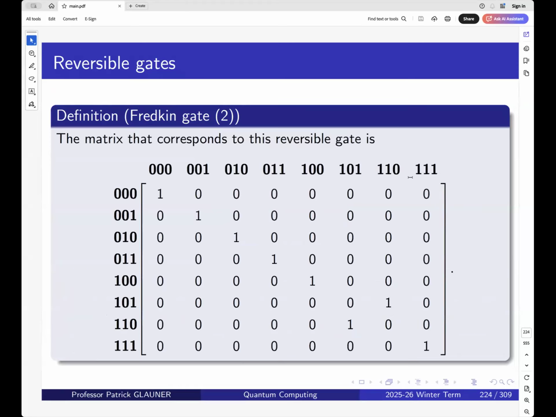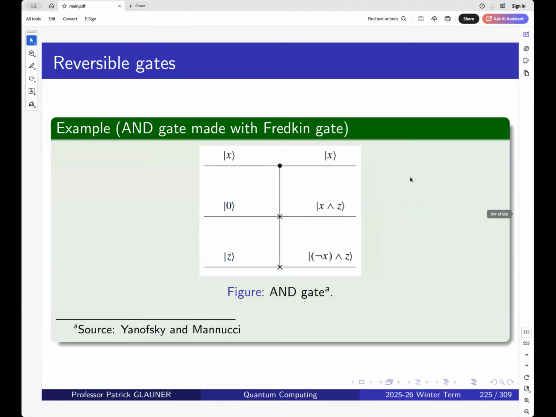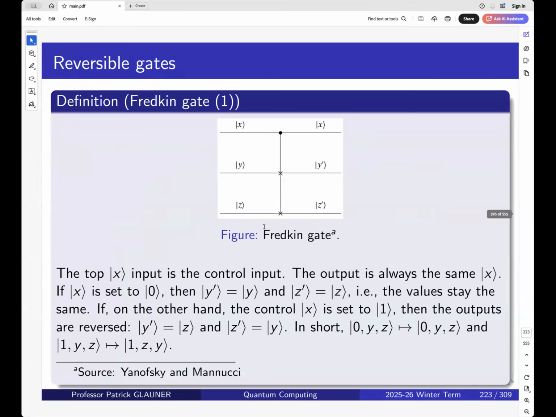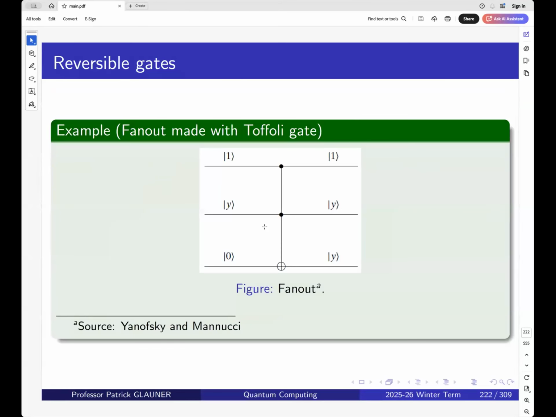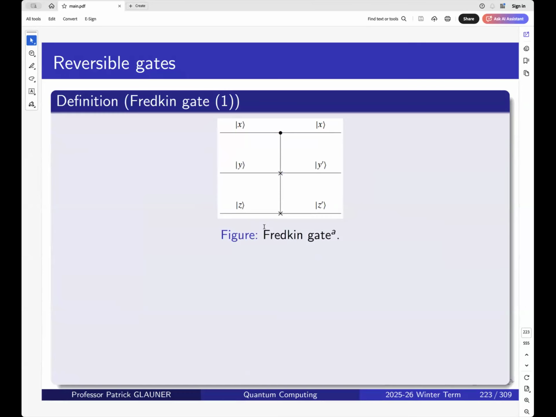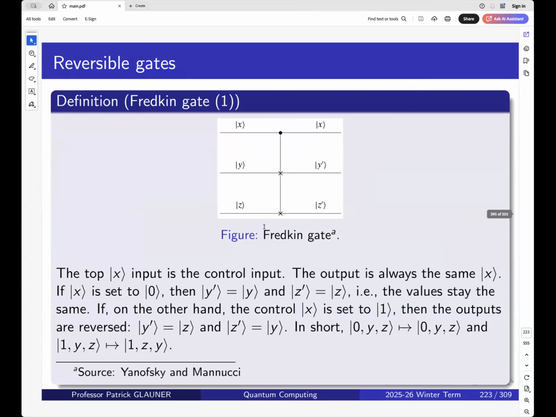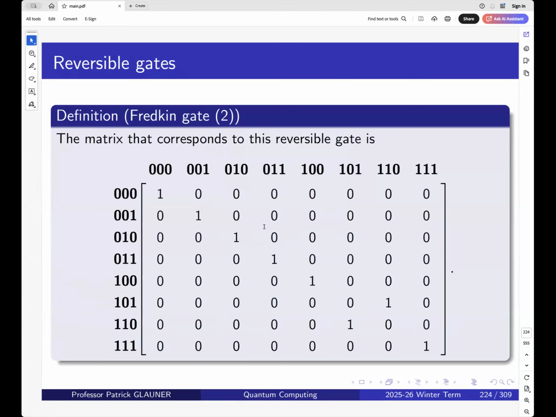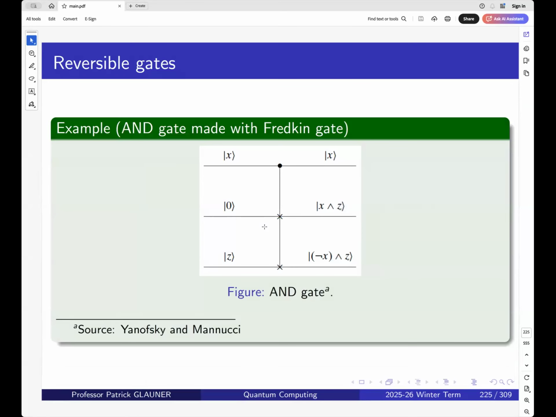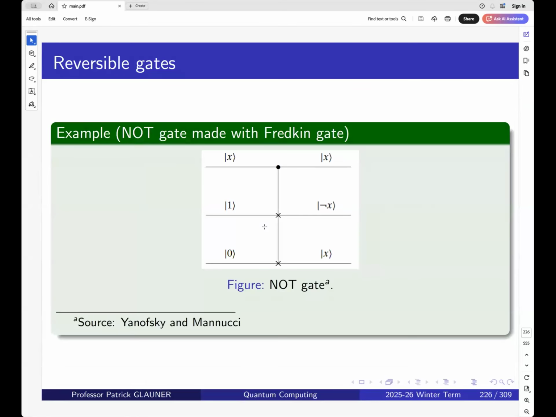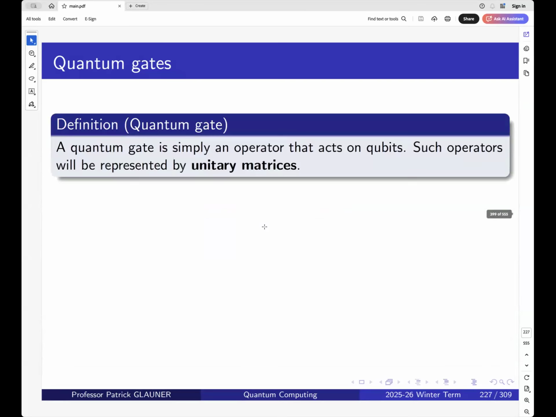There's also a unitary matrix for the Fredkin gate, and you can use the Fredkin gate to build other gates. But we've done the Toffoli gate, which was already quite tough, I guess, for most of you. If you want to read about the Fredkin gate, feel free to check the book, which covers this in greater detail. But I think the Toffoli gate so far is fine.